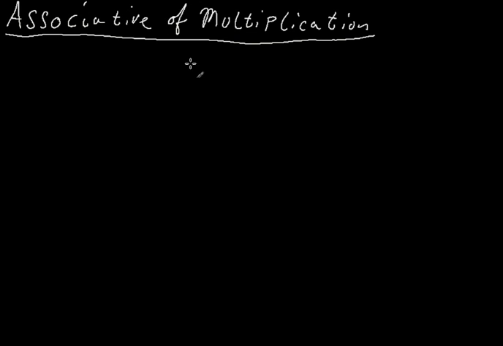Associative multiplication, it's basically the same exact property except it's multiplication. So AB times C is the same thing as A times BC, okay? Again, ABC, ABC, so the numbers aren't moving, but the parentheses are moving.